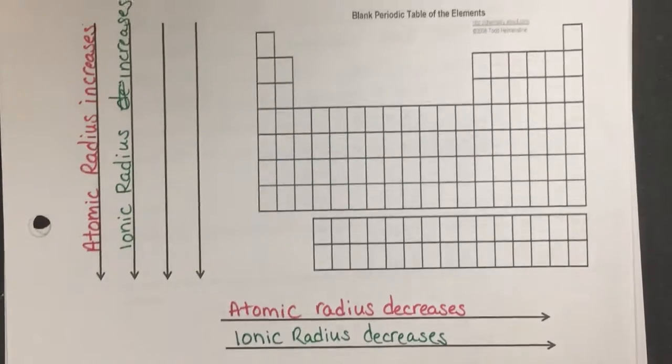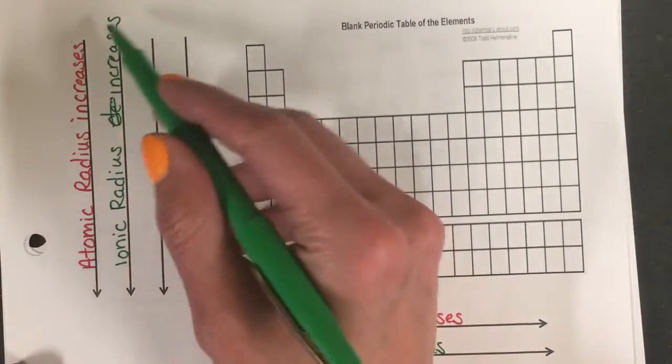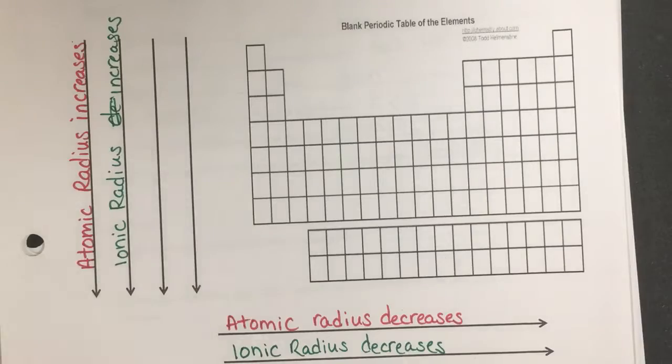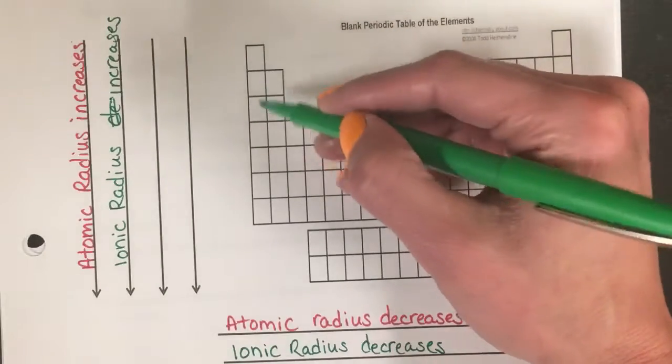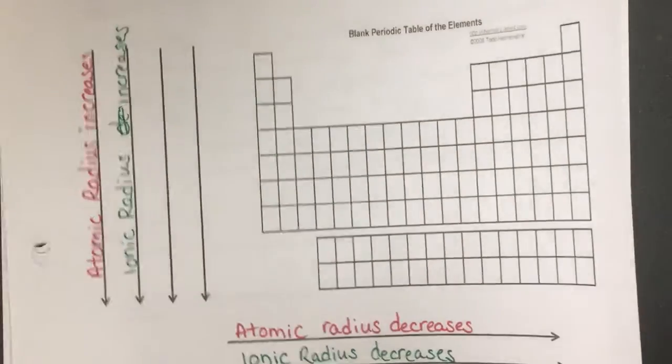Okay? So both of these trends go the same way. They increase together, they decrease together for the exact same reason. I have more electron orbitals, I have more protons. Okay?